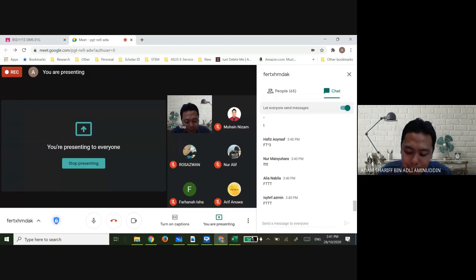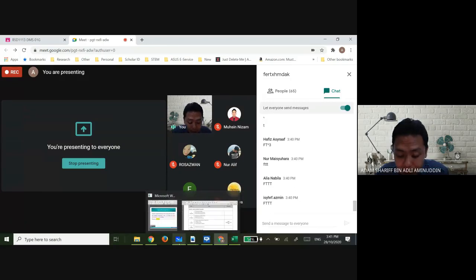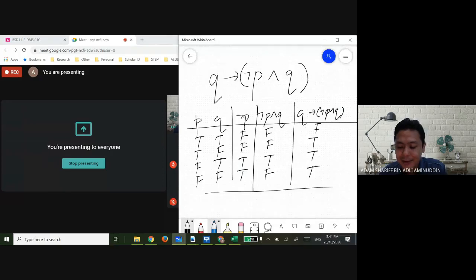FTTT. So if your truth table looks like this, then 1 mark, 1 mark, 1 mark, 1 mark. 4 marks. Congratulations.